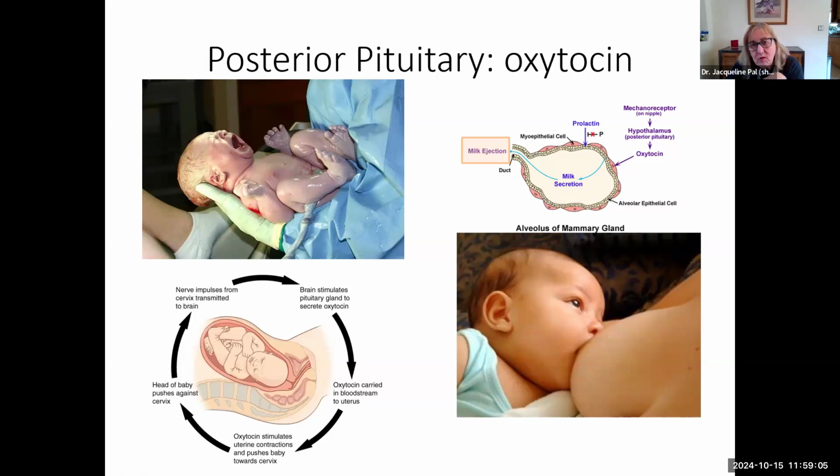It is surrounded by smooth muscle cells. And so when the baby suckles, oxytocin comes down and makes this smooth muscle contract. And so we have what's called the milk ejection. You're not creating milk, you're not producing it, you are ejecting milk, which was already created by a different hormone.